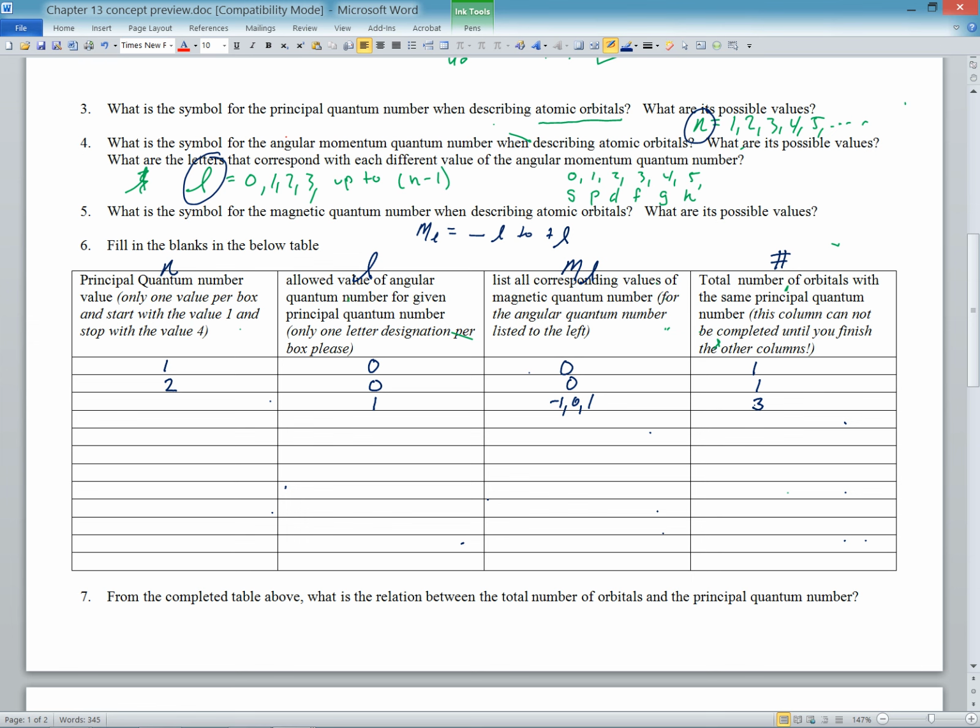So then the next one would be 3. Yeah, so just fill us out for 3, and then we'll see if we agree. And then just keep going.